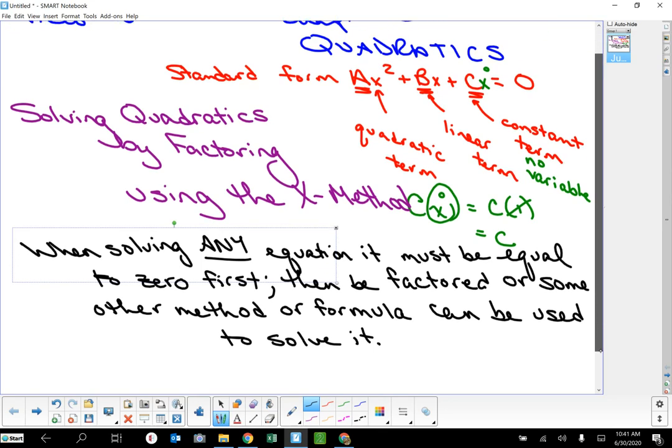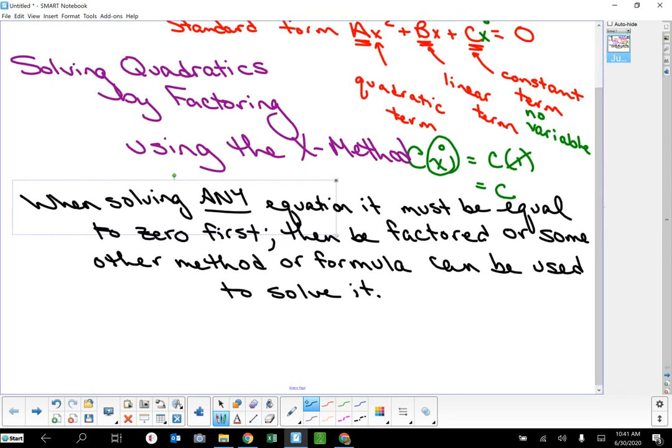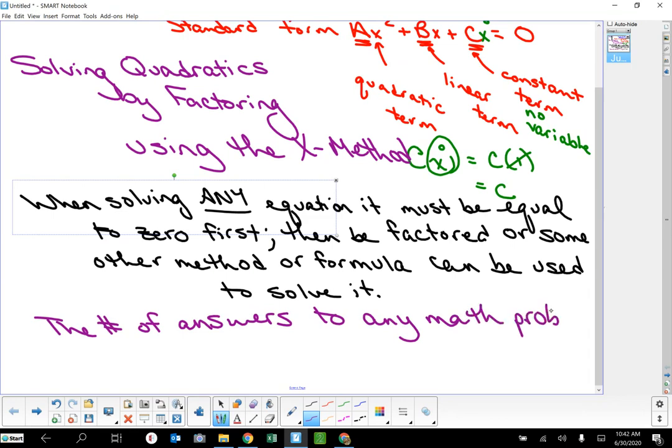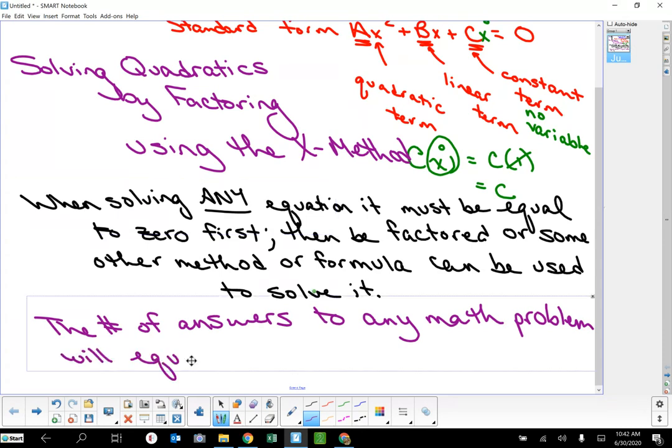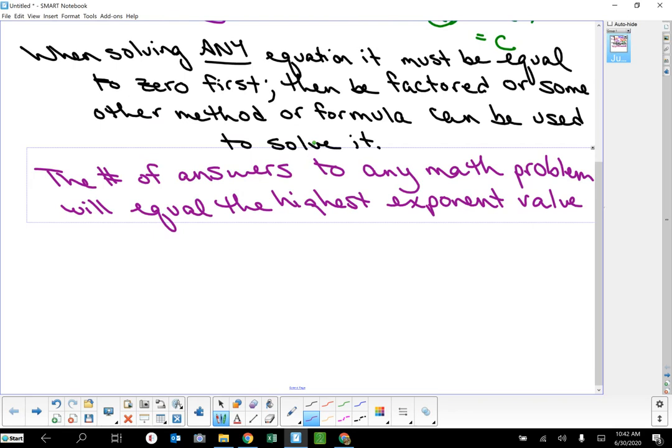And just a little piece of information: the number of answers to any math problem will equal the highest exponent in that problem.